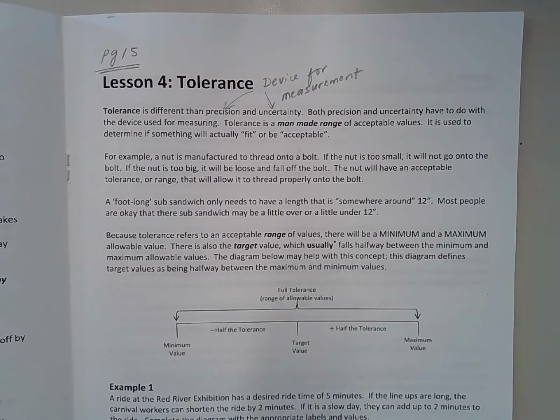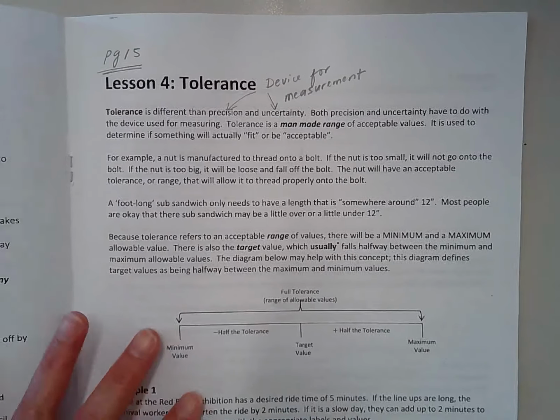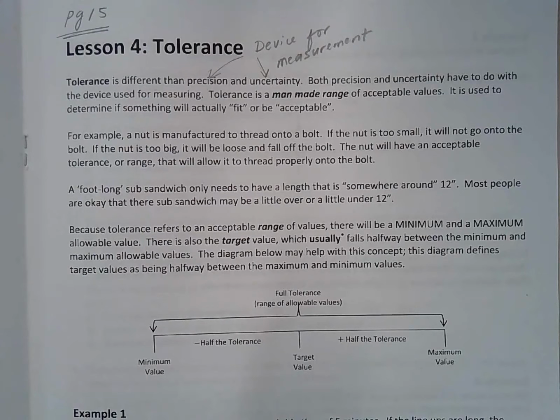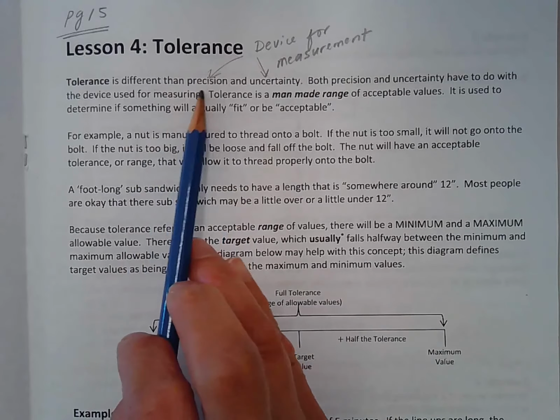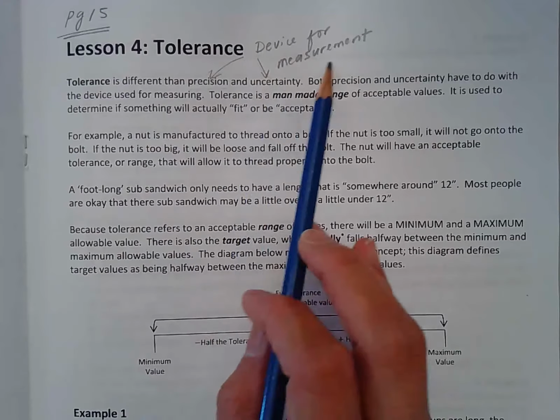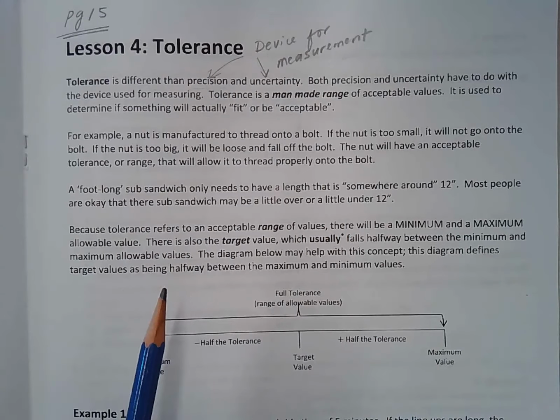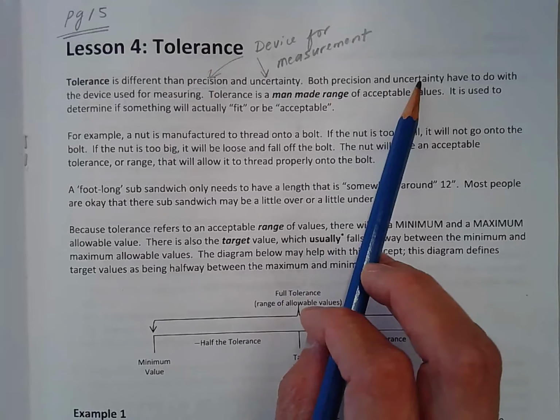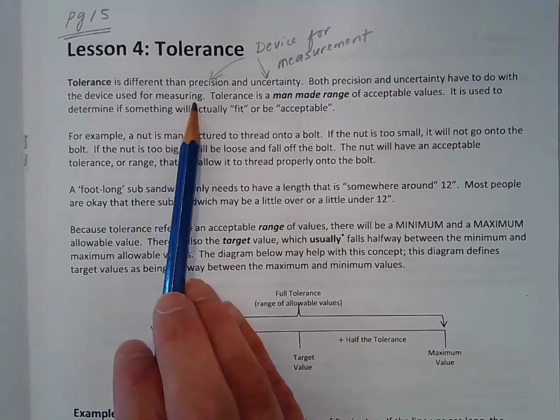And uncertainty happens when the measurement falls in between the tick marks. So precision and uncertainty both have to do with the device used for measuring.